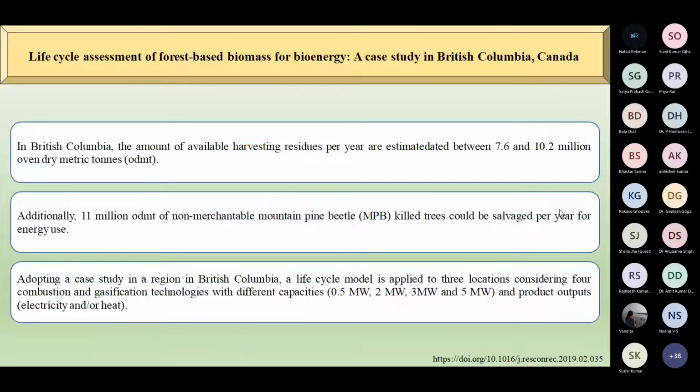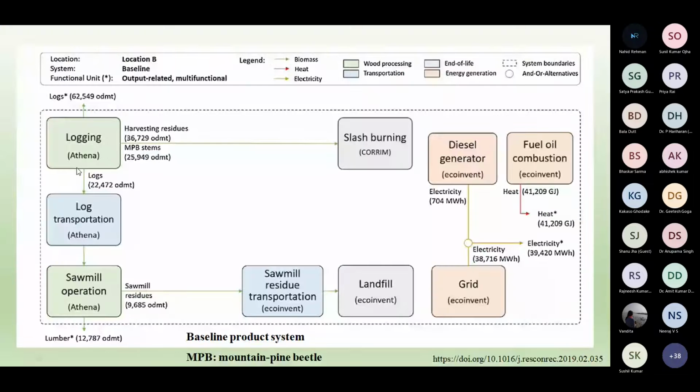in Canada, life cycle assessment was done for forest-based biomass, and they found out the combustion and gasification technologies, which is playing a very important role and having a different capacity, megawatt capacity, and they came forward with this scheme to deal with this feedstock, and then they compared the different costs, and they finally converted the huge amount of these logs to the heat and electricity as it is shown, heat in gigajoule and electricity in megawatt.